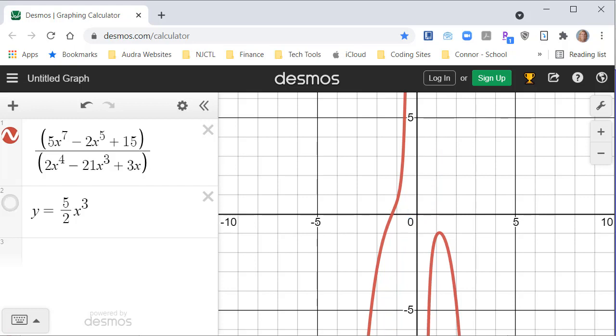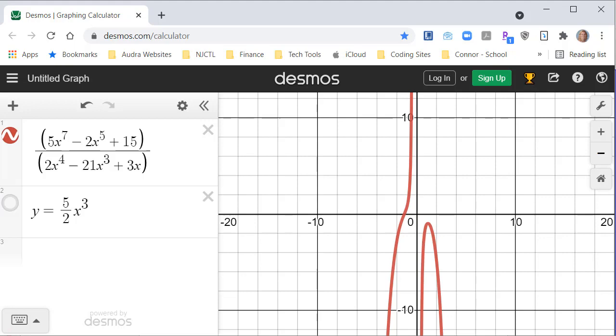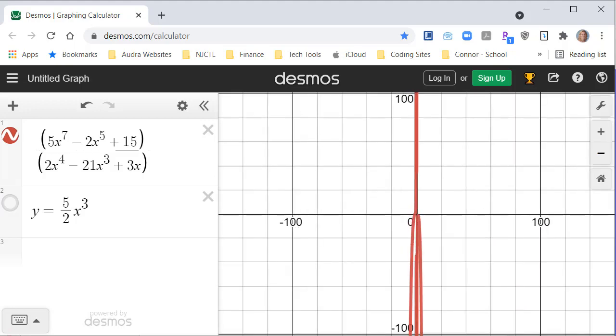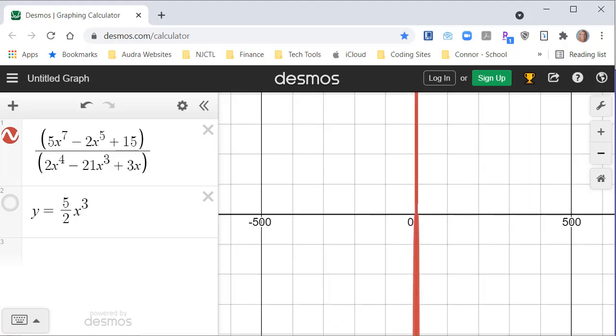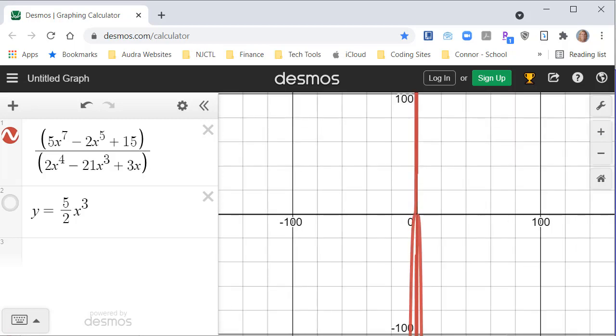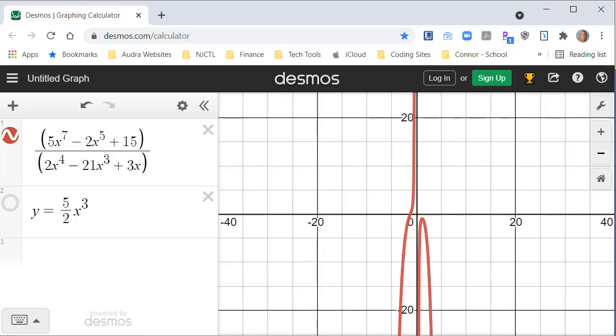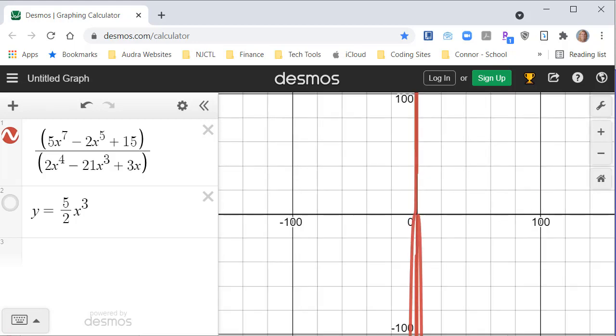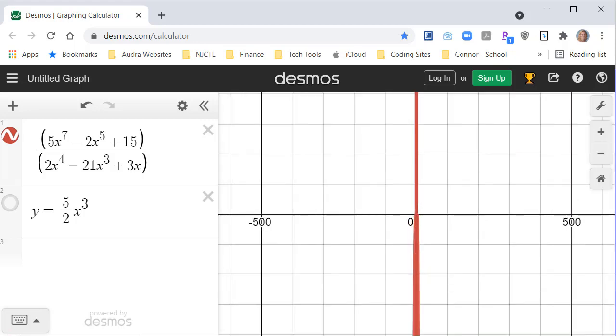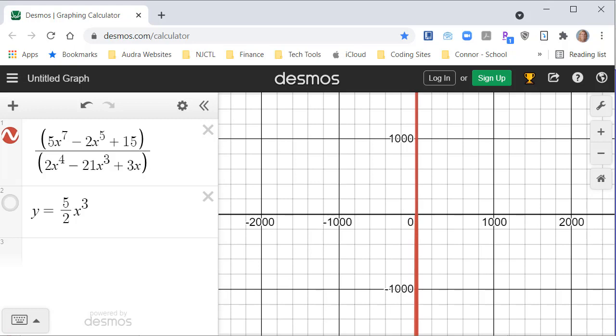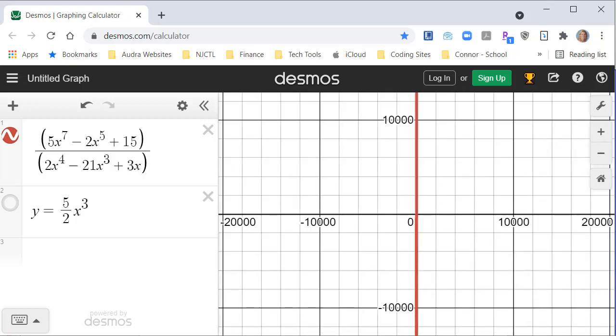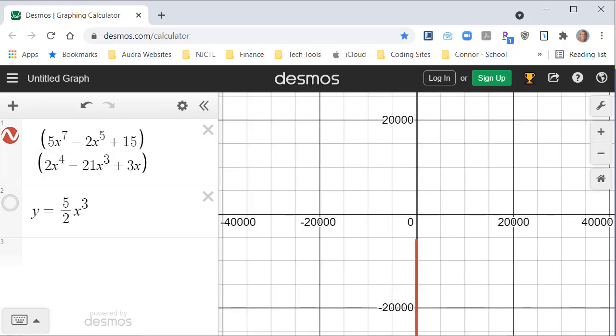So let's actually see what happens if we continue to zoom out. Zoom in and out. I think something else came into play here.